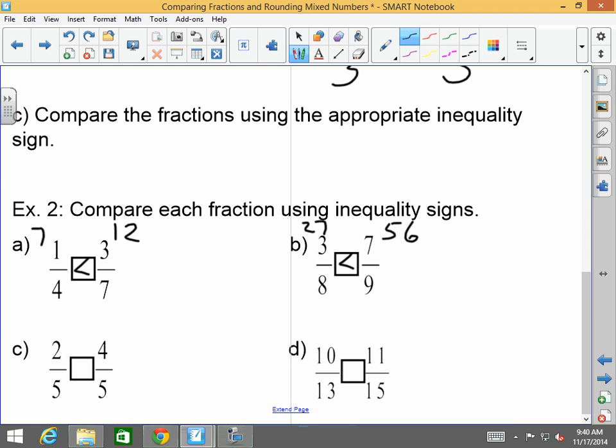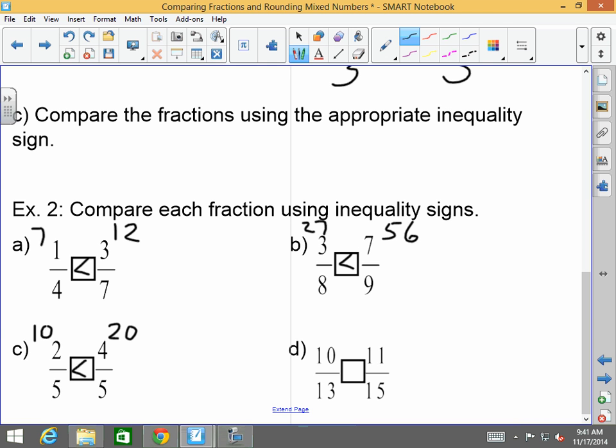Okay, let's compare 2/5 and 4/5. What's 2 times 5? Cross products. What's 4 times 5? 120. 12. What am I talking about? 12. Wow, sorry. Had a little memory lapse there. That's 20. So who's the larger cross product, 10 or 20? So 2/5 is less than 4/5. How about D? 10/13 or 11/15?